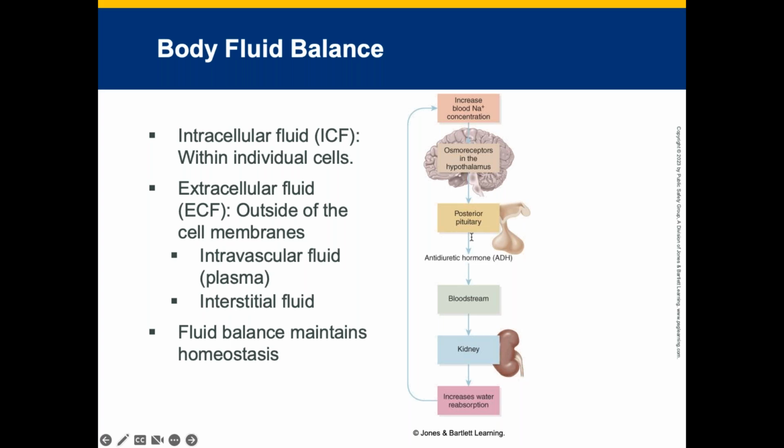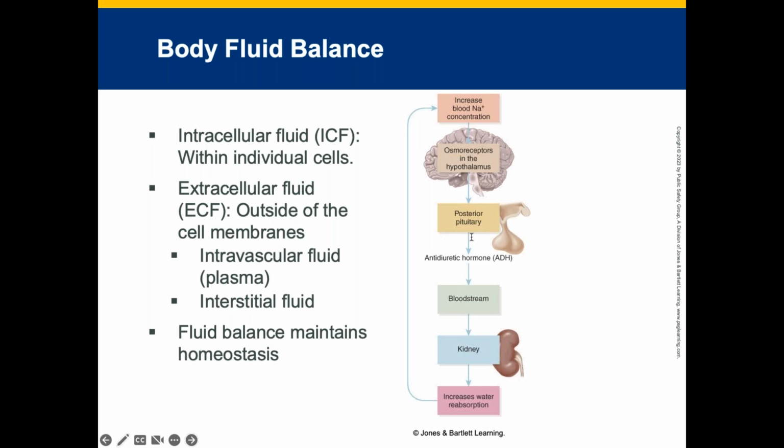You will see those numbers again. Intracellular fluid equals approximately 40 to 45% of total body weight. Extracellular fluid exists outside of the cell membranes and equals approximately 15 to 20% of total body weight. So ECF is divided into intravascular fluid and interstitial fluid.